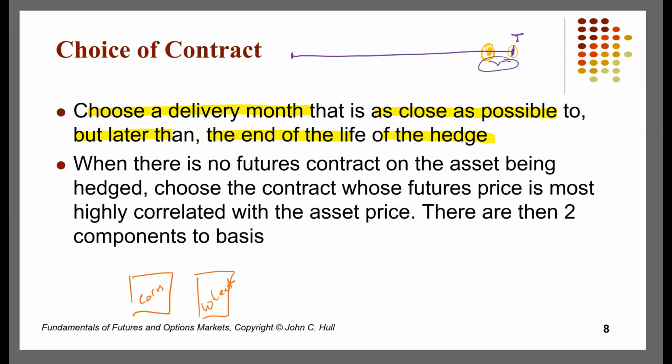That says that maybe when corn increases by $10, we know that wheat also increases by $9. Or when corn decreases by $5, wheat decreases by $4. If that correlation is consistent, we may be able to use the futures contract on wheat.